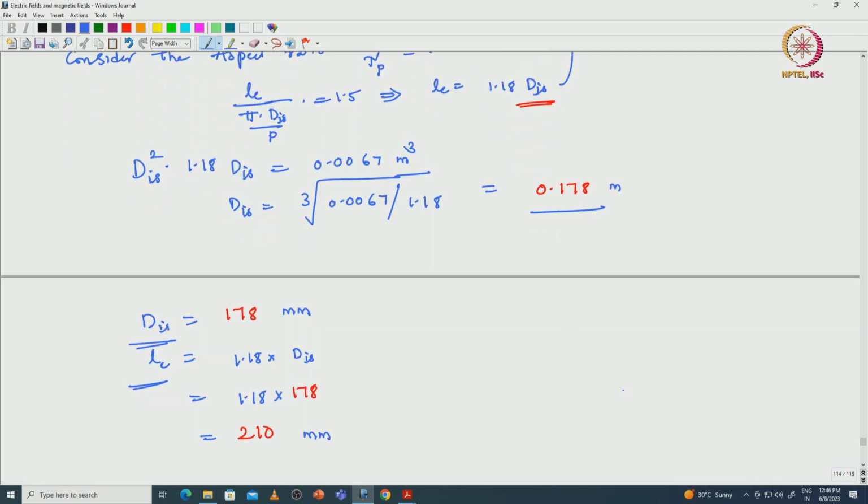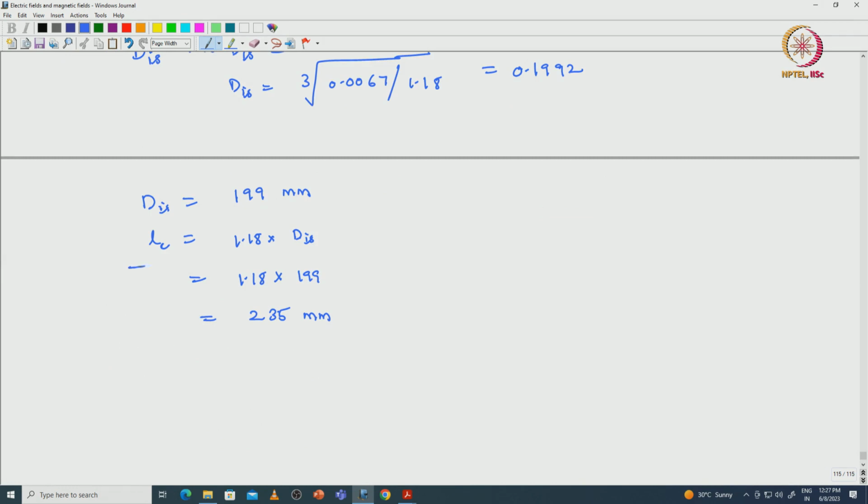Now, in terms of mm, we will see 178 mm for the inner diameter of the stator, and the length of the stator core is nothing but 1.18 into DIS, that will result in 210 mm. So, for a given power rating of 30 kilowatt, we found the volume product, and from that the main dimensions, inner diameter of the stator and core length, we have calculated.